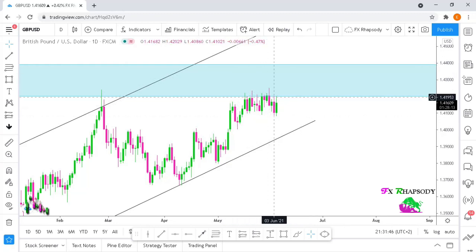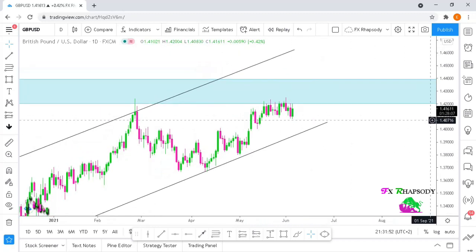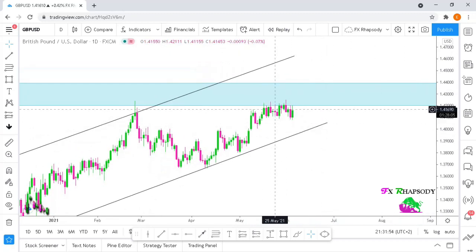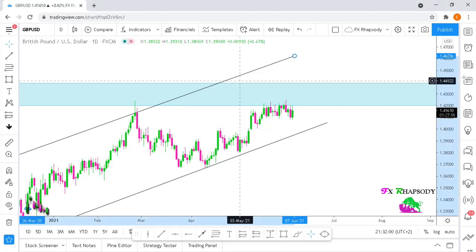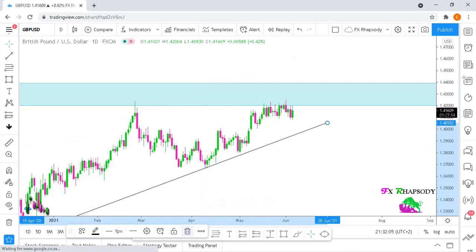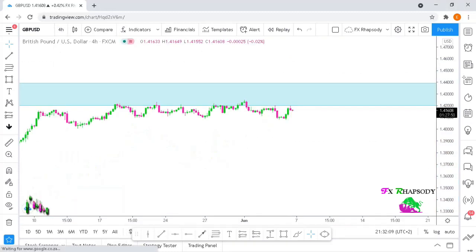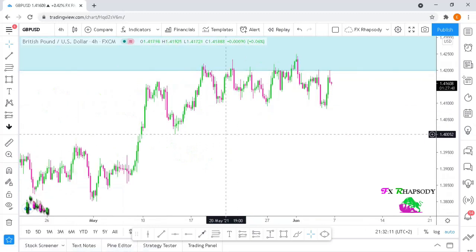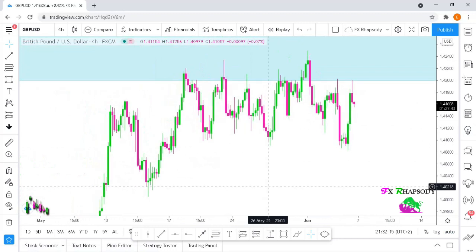So basically, it's not being able to break this area of resistance. Very strong. So yeah, we are still looking at a potential sell in this area. Before we move on, I wanted to drill down to the 4 hour, seeing that not so much has been happening in the daily in the last couple of days.